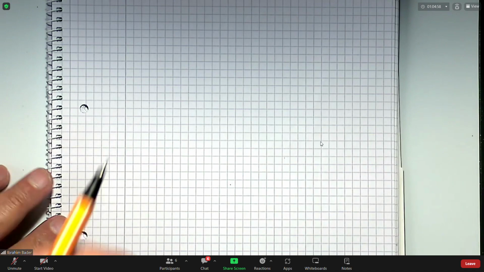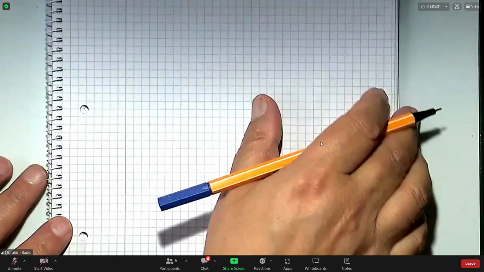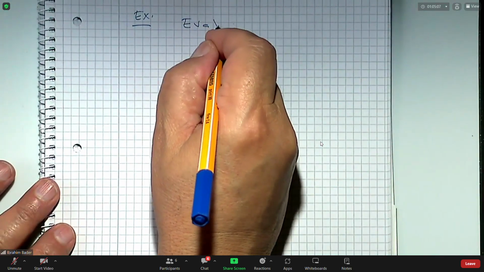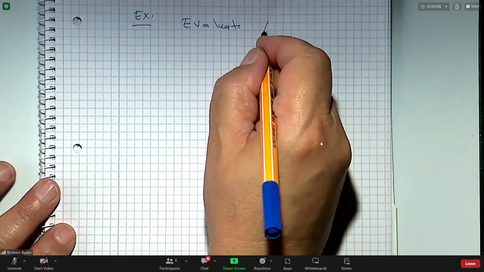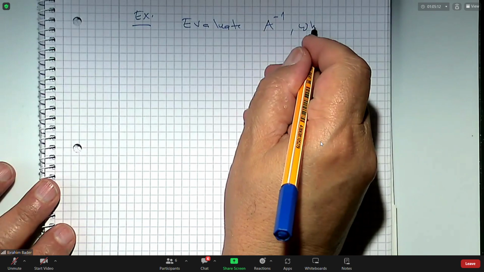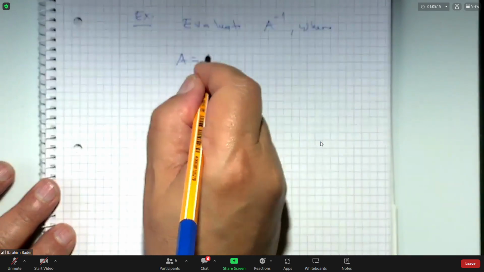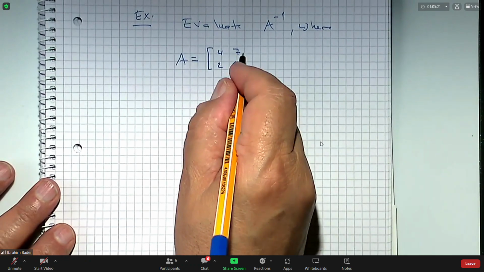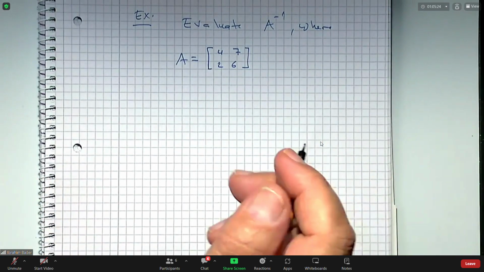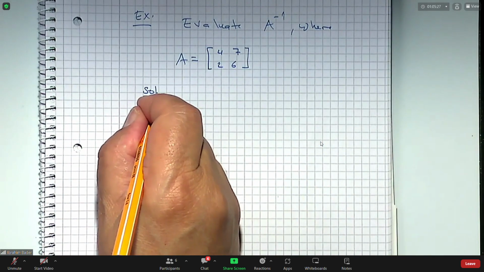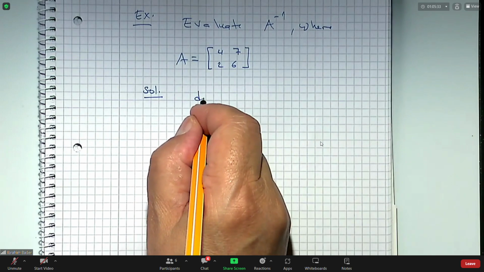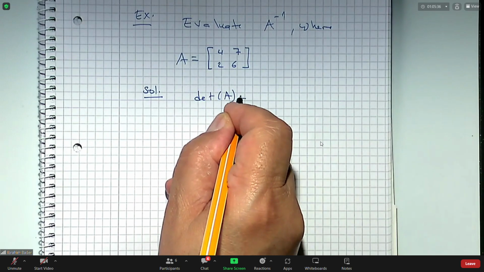Of course, it's difficult now to write it on the chat, but example: evaluate A inverse where A is equal to this 2 by 2 matrix 4, 7, 2, 6. Now to solve this, the first thing you do, okay, it's a 2 by 2 matrix, is check the determinant of A. Who's going to tell me what's the determinant of A?